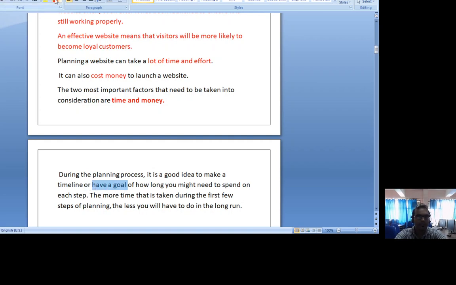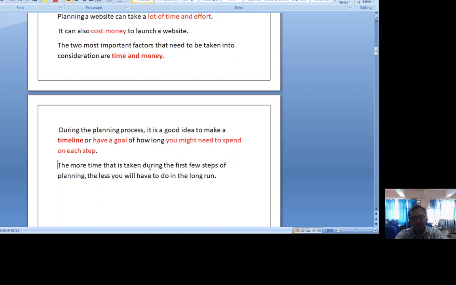A timeline gives a remarkable understanding of the working dimension of the project. Now, how long you might need to spend at each step is also a very important consideration, and it takes experienced personnel to really understand this part. Now, the more time is taken during the first few steps of the planning, the less you will have to do in the long run.